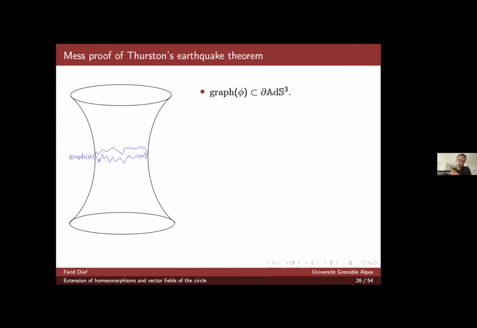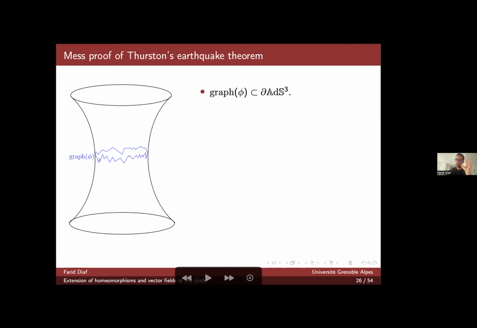And here, there is a fact that you need to prove, which is that the graph of a homeomorphism is contained in an affine chart in order to do such a construction. And this is not true for any map from S1 to S1. So here you really need that your map from S1 to S1 is a homeomorphism to do this.